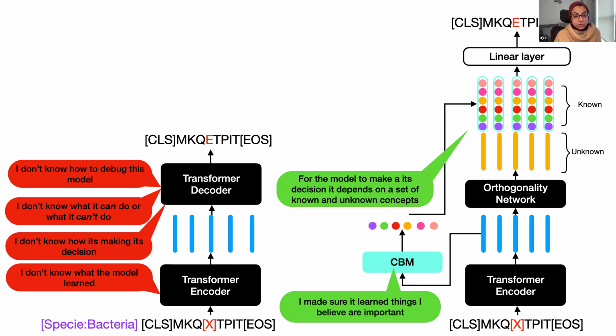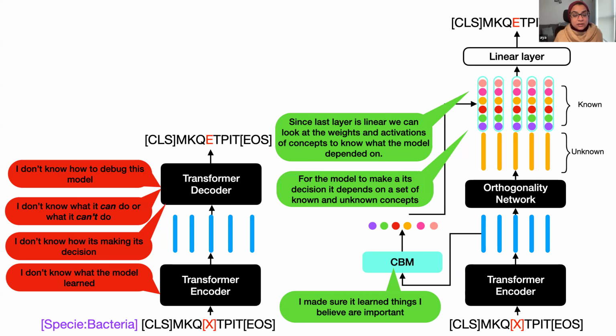So for the model, if we want to know how the model is making the decision, we couldn't do that for the one on the left, but for the one on the right, we can look at the linear layers and see which concept it depends on. Did it depend on the known or the unknown, and how much did it depend on each? And then we know exactly how the model is making the decision.